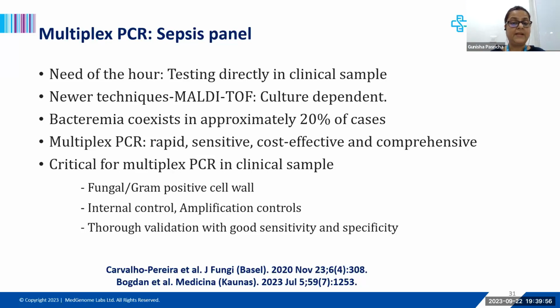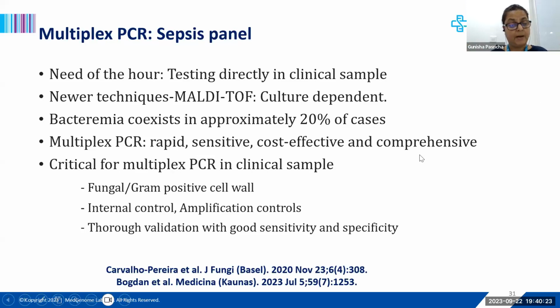There are some multiplex options available in the market, where you actually have to do a blood culture, and then the positive blood culture is taken through multiplex PCR. But again, as I mentioned, the sensitivity of culture is low, so how that helps is very subjective and actually debatable. But they have been used in many hospitals.